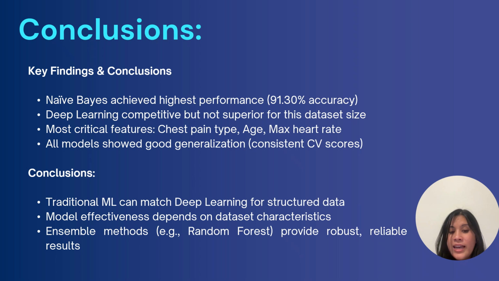This means that while naive Bayes wins on F1 score, models like random forest offer a highly stable alternative for consistent deployment. Ultimately, we have achieved our objectives. We have a comprehensive, validated model comparison, proving that the effectiveness of a model depends entirely on a dataset's characteristics.